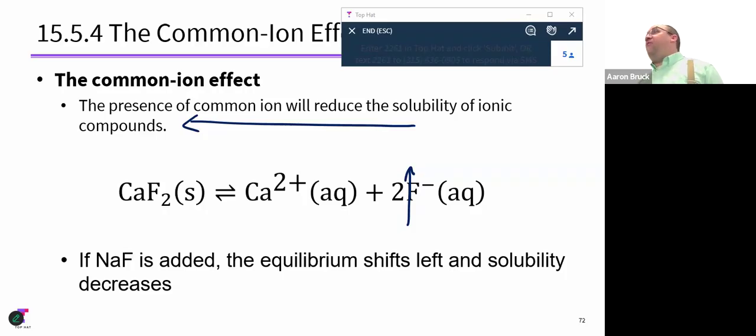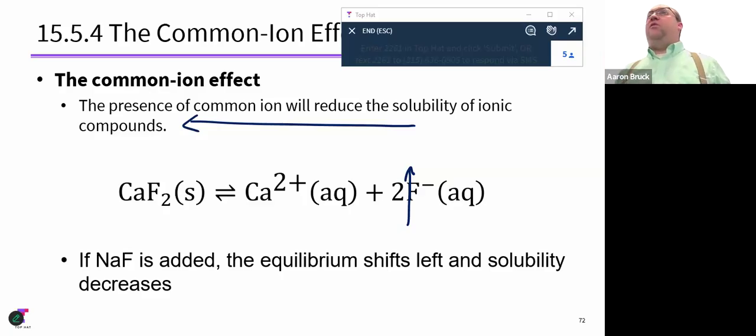Now, how do we handle that from the common ion effect? How do we handle that from a KSP perspective? Well, kind of in the same way that we did before we knew what the Henderson-Hasselbalch equation was. If I know the quantity of common ion that has been added, I just add that as my initial condition for that ion.